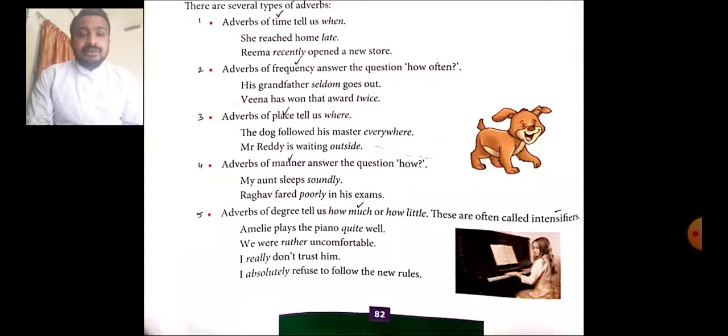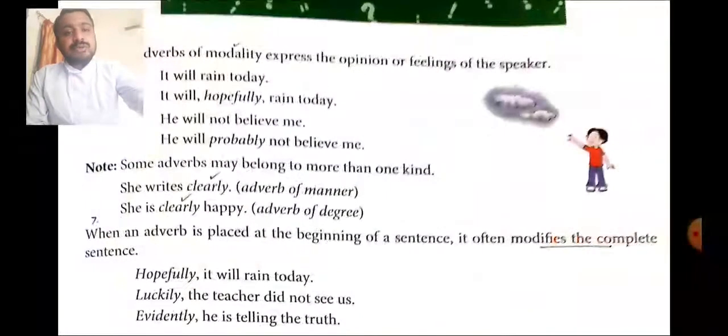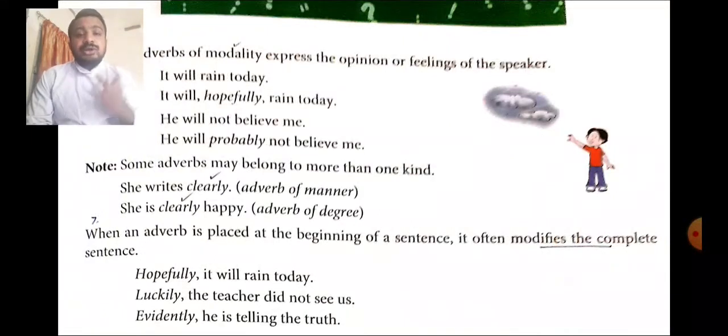Amelie plays the piano quite well, or we were rather uncomfortable. I really don't trust him. These words, quite, rather, really, are called adverbs of degree, and they are also called intensifiers too.